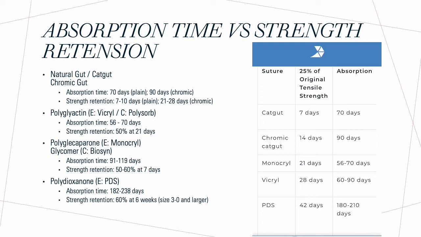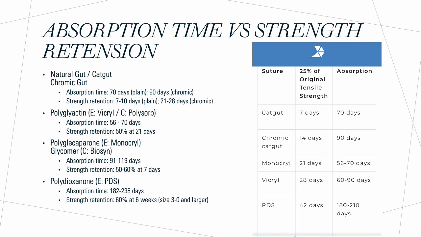A lot of the ones on the left have to do with 50%, but catgut and chromic catgut, or plain versus chromic, 7 or 14 days, which makes sense with the strength retention time listed by Ethicon. And with Monocryl, 25% at 21 days, which is slightly different, but makes sense given that the strength retention time for 50 to 60% is 7 days.